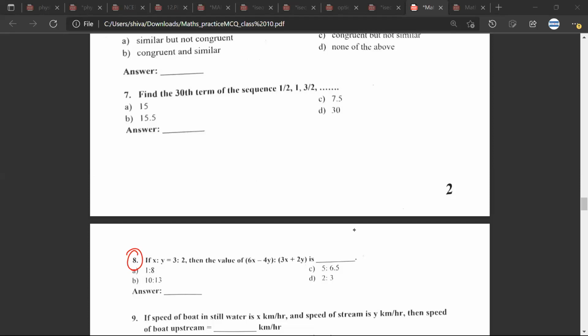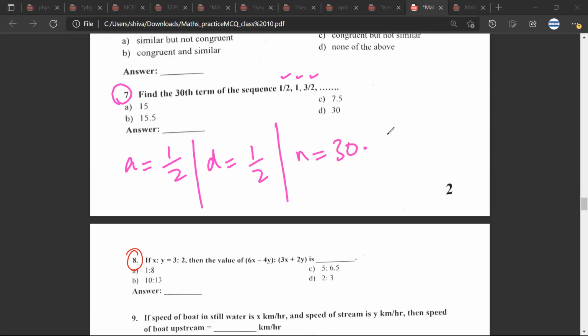So find the 30th term of the sequence 1/2, 1, 3/2. How should we do this, Mr. CB? So A would be 1 upon 2. D would be 1. Oh, sorry, D would be 1 upon 2. And N would be 30. What formula?